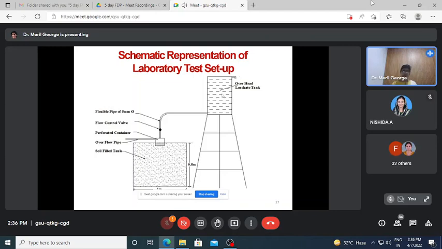Through the perforations, the leachate percolates into the soil. The head of the leachate in the perforated container is kept constant by an overflow arrangement, and the hydraulic gradient maintained during the experiment was in the range of 1 in 3.5 to 1 in 5.3. So this was my laboratory experiment setup.